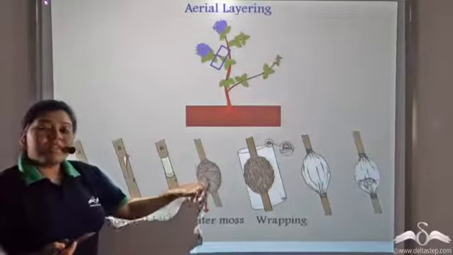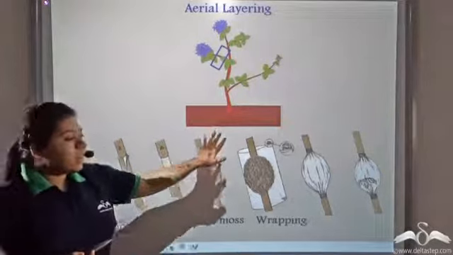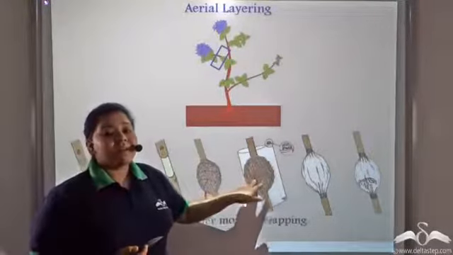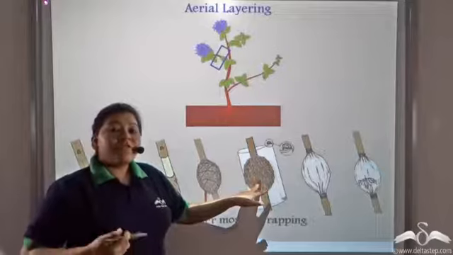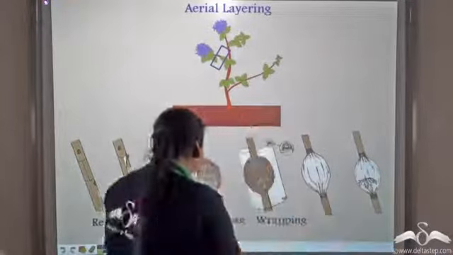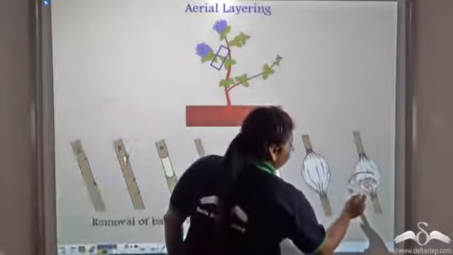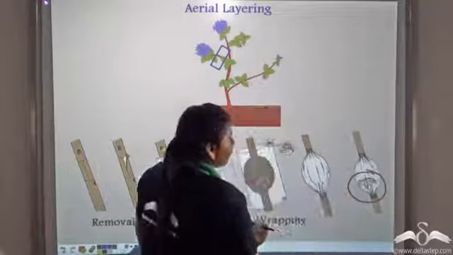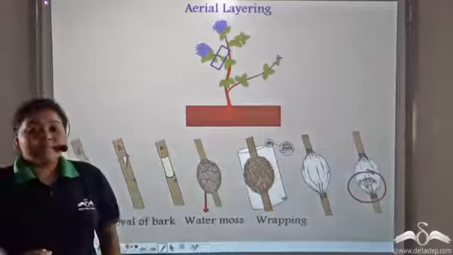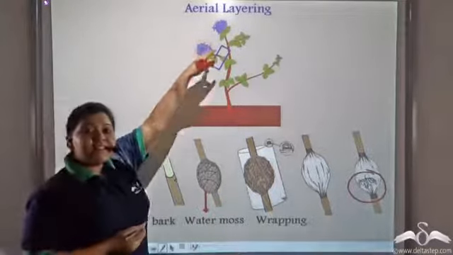So water is being supplied to this vegetative part, and we cover this entire thing in a polythene bag. Now within a few days, we see that root formation has taken place. So this entire process is known as aerial layering.